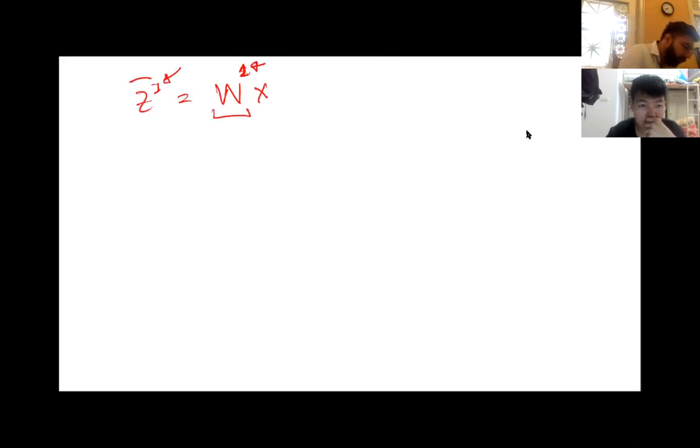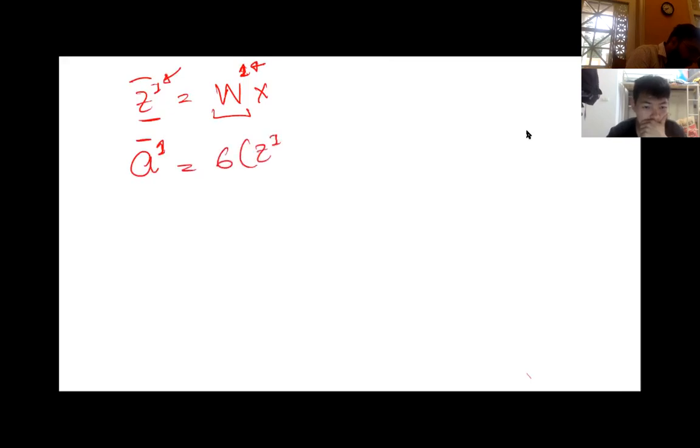Okay. So now, after you have the linear combination of the input to a layer, you pass it through an activation function, in our case, sigmoid. So you pass it through sigmoid, and then you call the output of this A. So A is the sigmoid of Z1. Okay, and sigmoid of Z means sigmoid of each component.